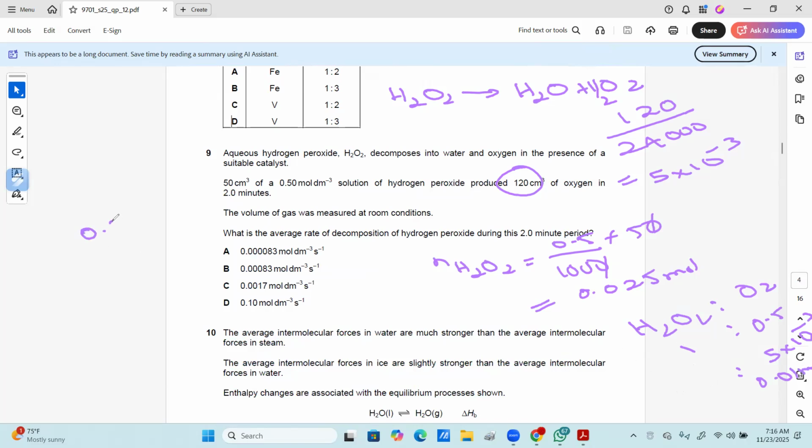So initially you have 0.025, finally you have 0.01 within 2 minutes, right? So I need to convert into seconds as the answers are in per second. Then the rate will be, because rate is given by change in concentration or moles divided by the time. So I can subtract 0.025 minus 0.01.